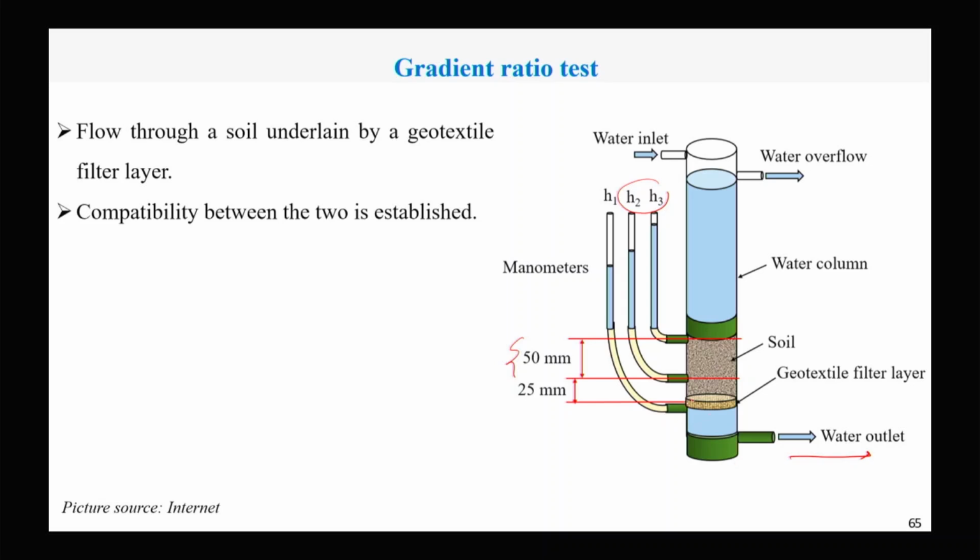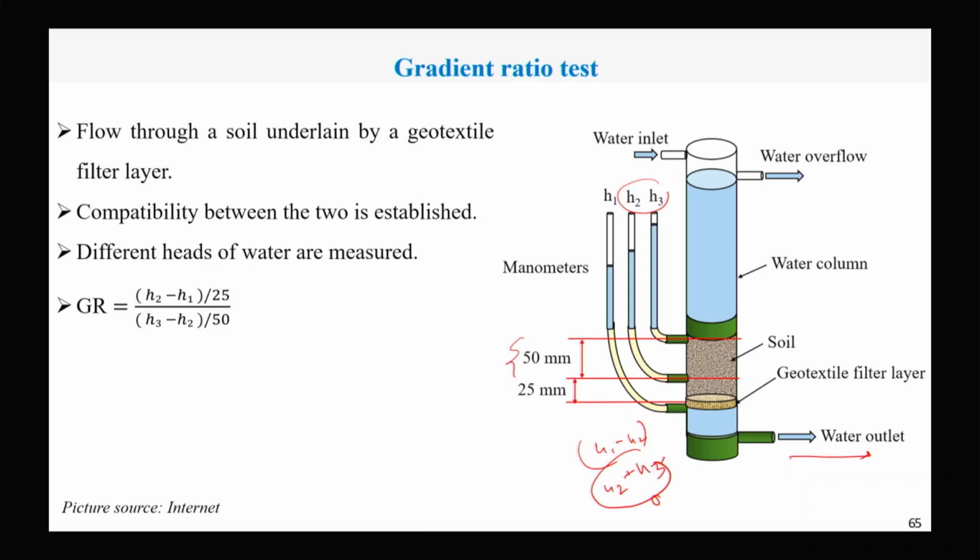And another case, 25 millimeter soil plus geotextile, that head difference will be H1 minus H2, and H2 minus H3 will be the only soil. So the ratio of the differences is the gradient ratio.